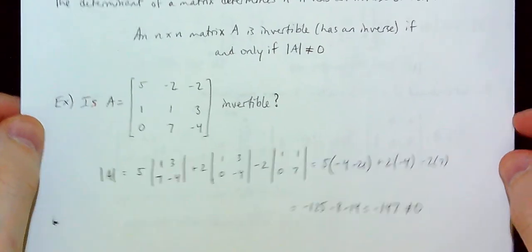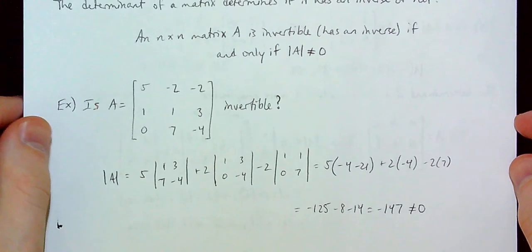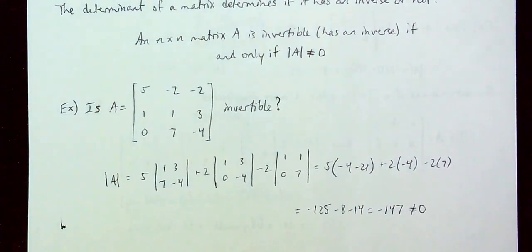All right, let's see if you came up with the correct answer. Hopefully when you found the determinant of your given matrix, you had 5 times the determinant of the 2 by 2 matrix 1, 3, 7, negative 4, plus 2 times the determinant of the matrix 1, 3, 0, negative 4.